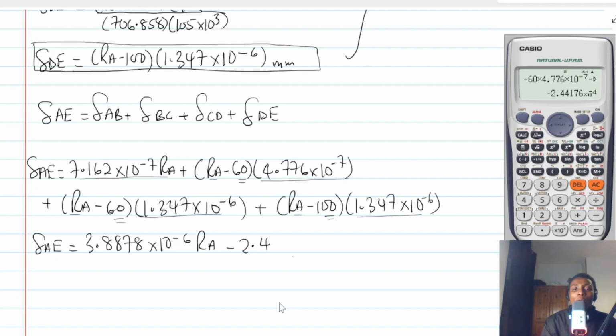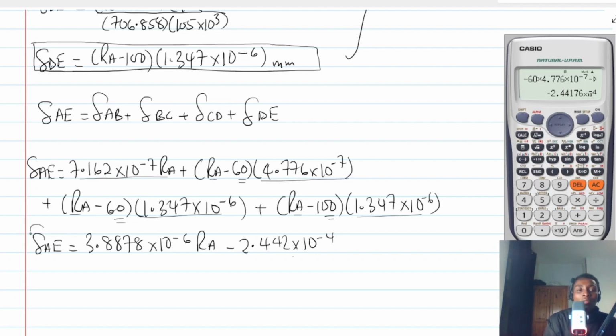Take your time and add everything which is not containing the RA. I've done it on the calculator. You will get minus 2.442 times 10 raised to the power minus 4.